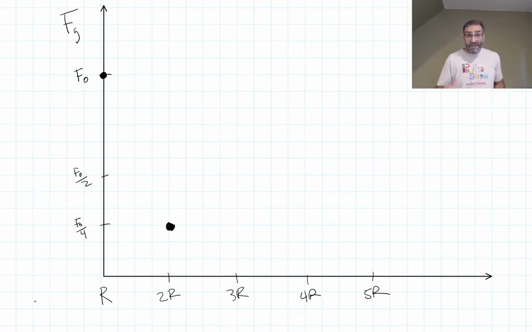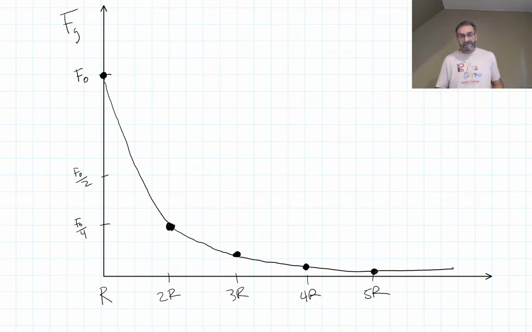And I know if I'm 3 times as far away, it's 1/9. And 4 times as far away, 1/16. And 1/25. Something like this. Well, I'm hoping that this helps you see why closeness counts.